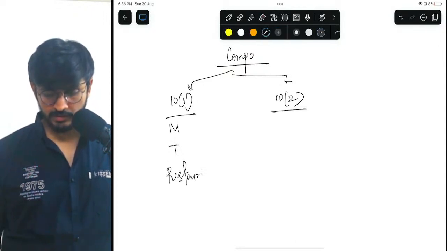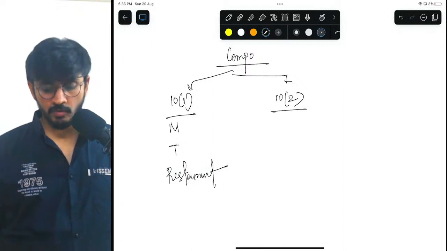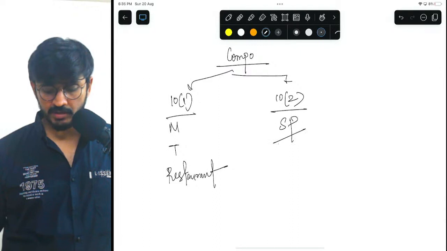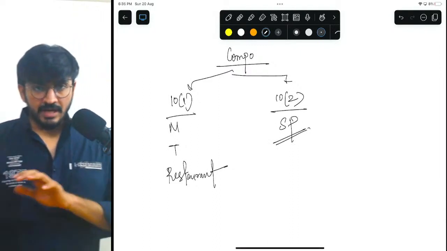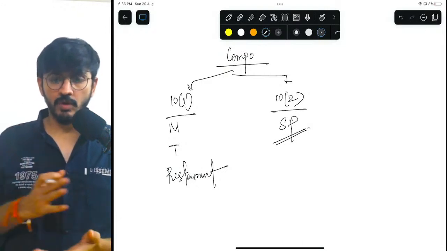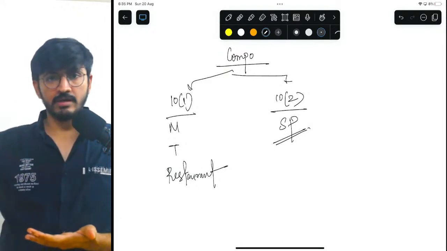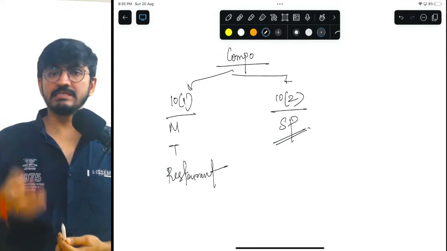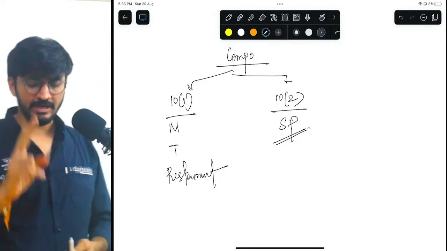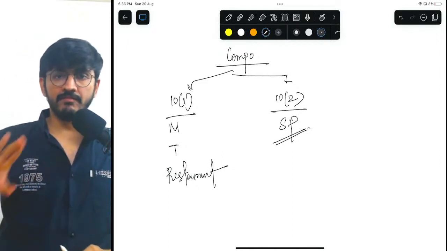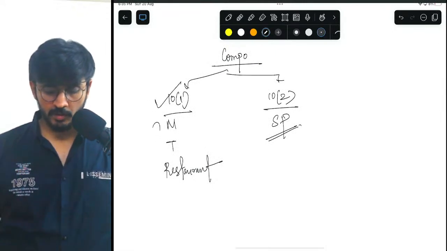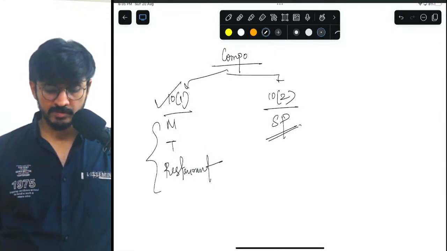And in 10-2, what we talk about is only the service provider. So 10-1 specifically talks about manufacturer, trader, restaurant wala, and in 10-2, we talk only about the service provider. Is that very clear, my dear friends? Correct. So that is one thing that I really wanted to make sure that you are all categorically very, very clear about.